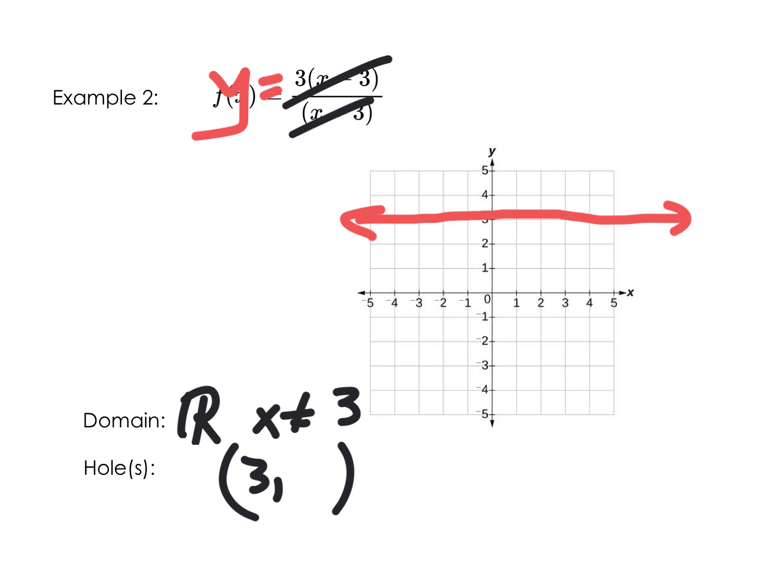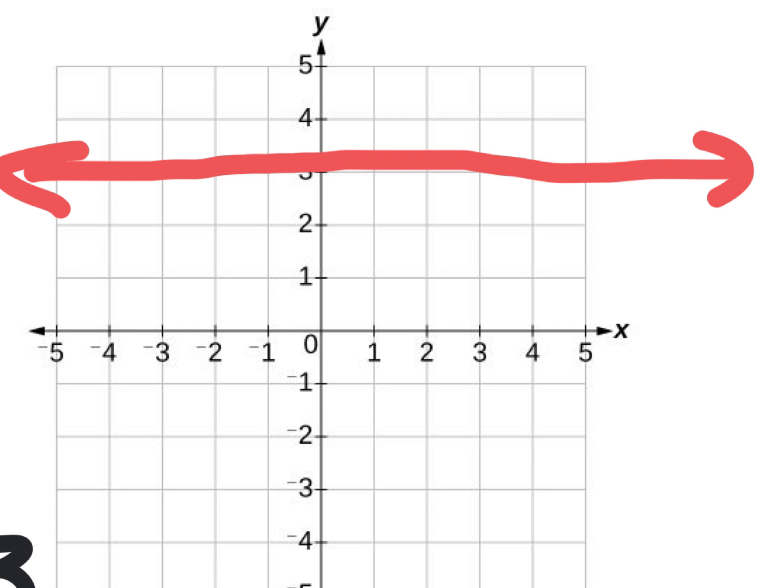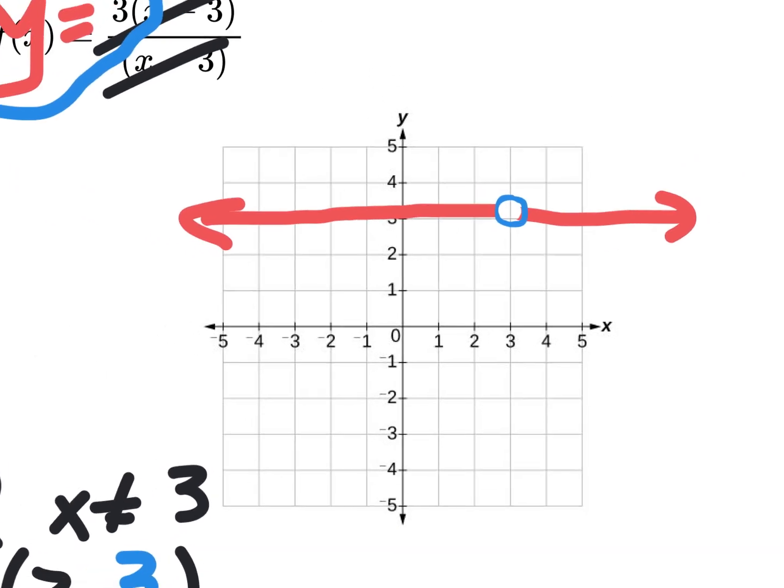There's a hole at 3 comma what? 3. How do I know the y is 3? Because y is always 3. Look, it says y equals 3. So 3 comma 3 must be where the hole is. So you're saying right there, Mr. Server, it doesn't actually have a point? Yep. I'm making an empty spot. There we go. Empty spot at 3 comma 3.